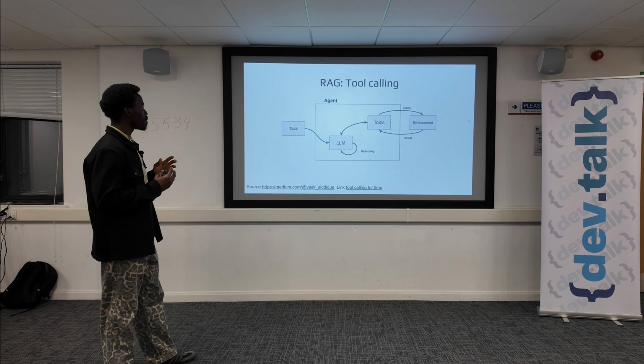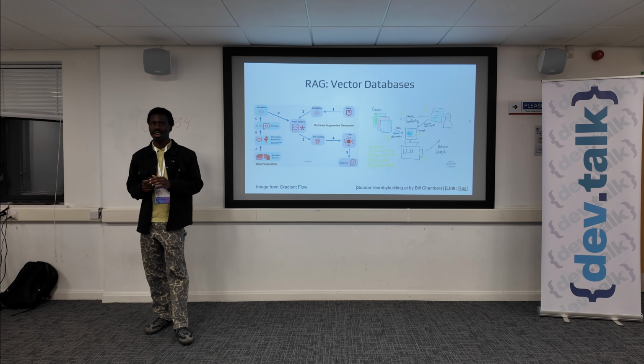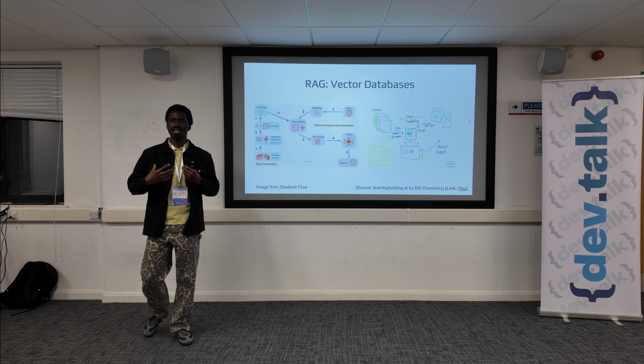Another form of RAG is vector databases. Vectors are basically how LLMs see information. It's kind of like coordinates in high dimensional space. They are numerical representations of information, so the relationship between words can be represented as vectors.